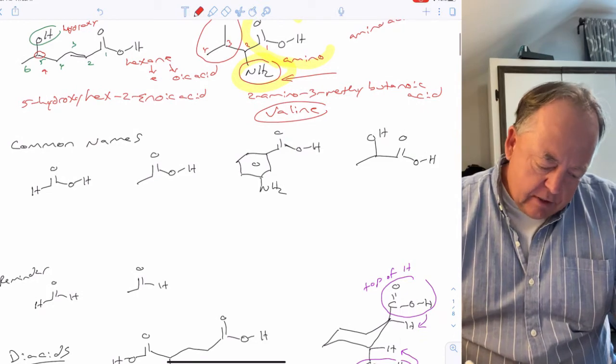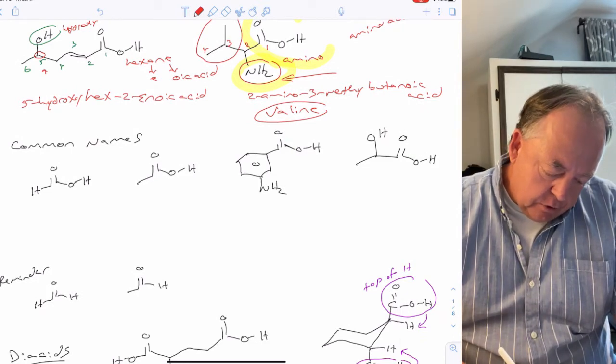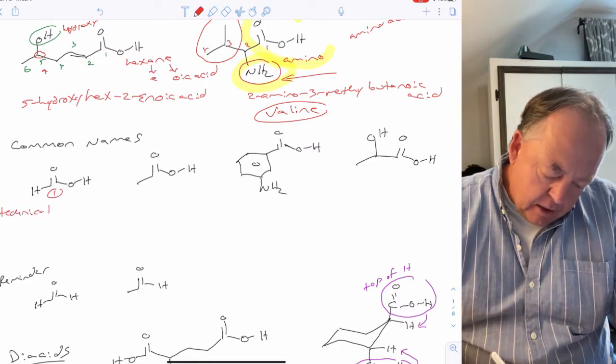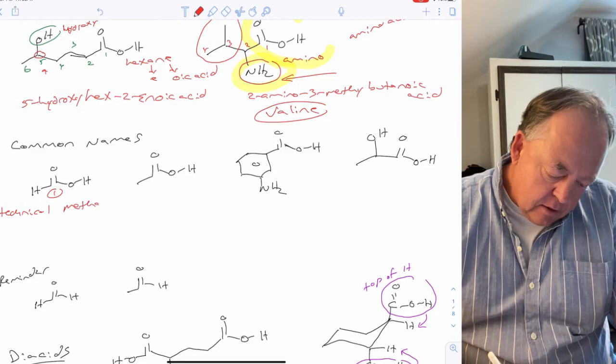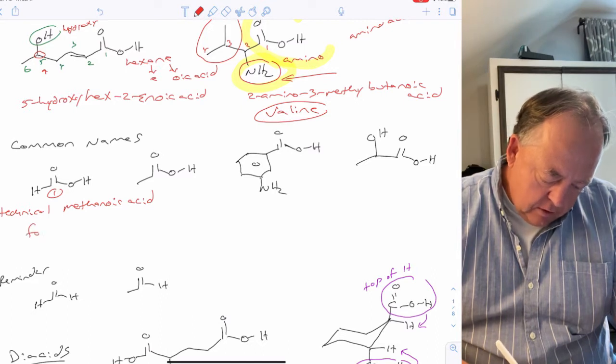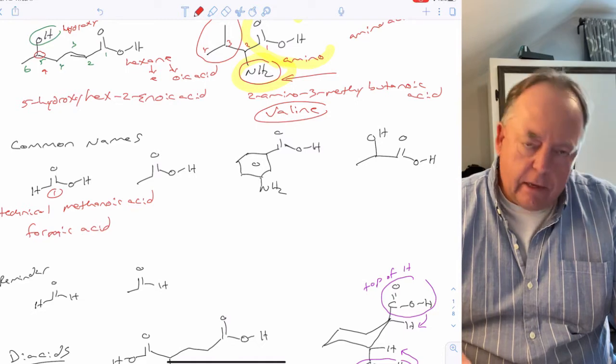Okay, so many carboxylic acids do have a common name associated with them. So this one with 1 carbon, the technical name would be methanoic acid, since it's 1 carbon, but nobody calls it methanoic acid. It's more commonly called formic acid.